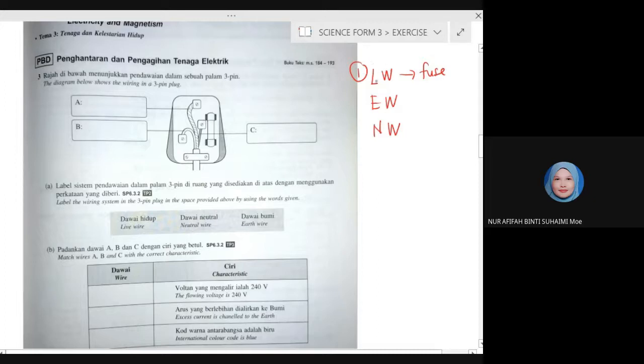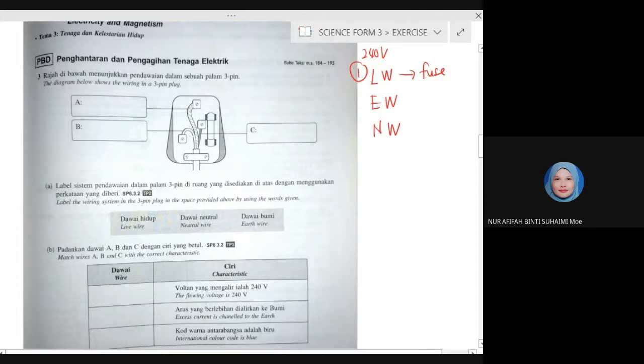Because live wire brings the current from the source, from the substation. Okay, we receive 240 volts into our house, connected directly by the live wire. That's why live wire must be fitted with the fuse to control the current flow.